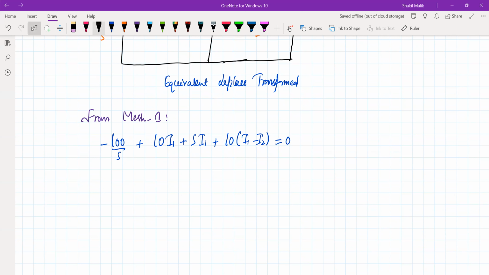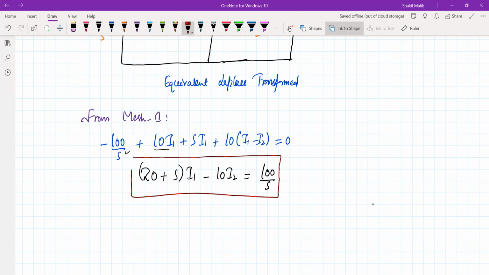Now, arranging the terms here, we have 10 I1, that's 20 plus s, times I1, minus 10 I2. And if I take this term on the right hand side, it will be 100 by s. So this is our equation 3.